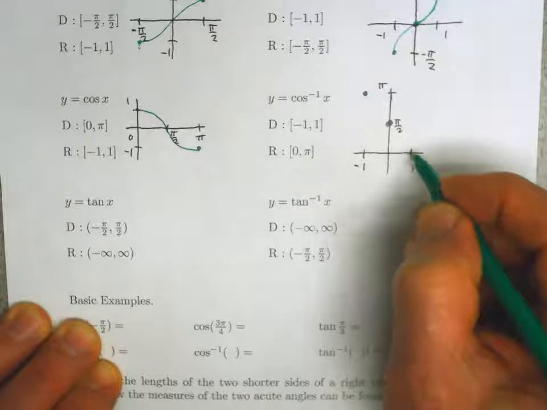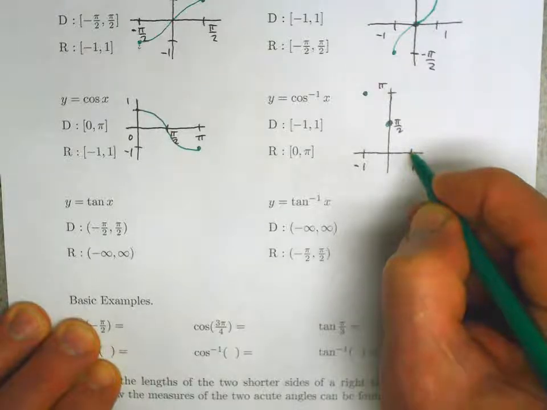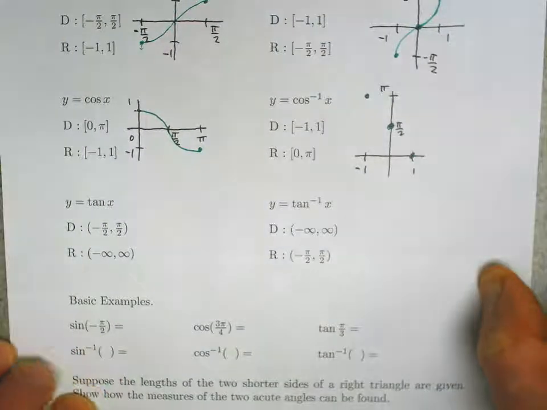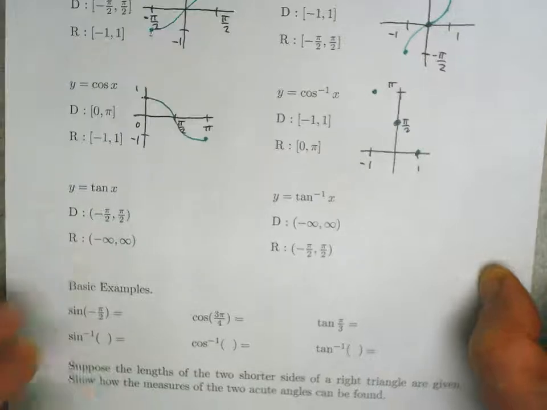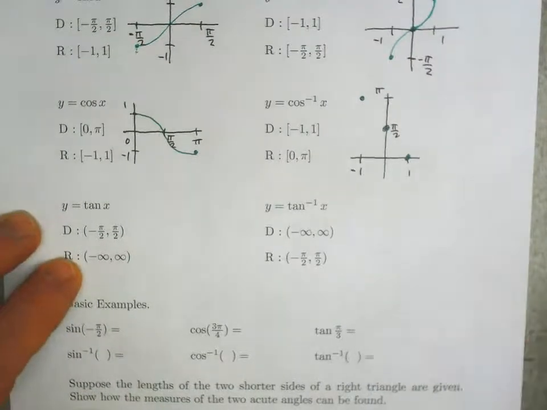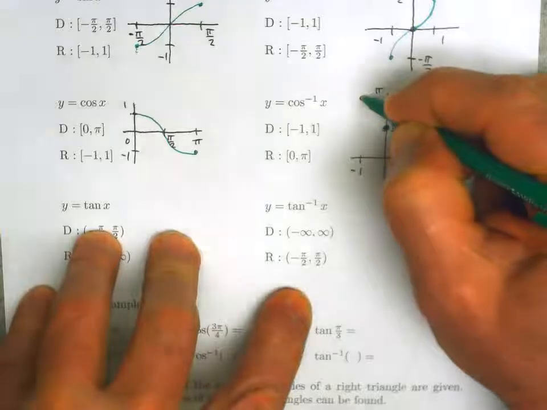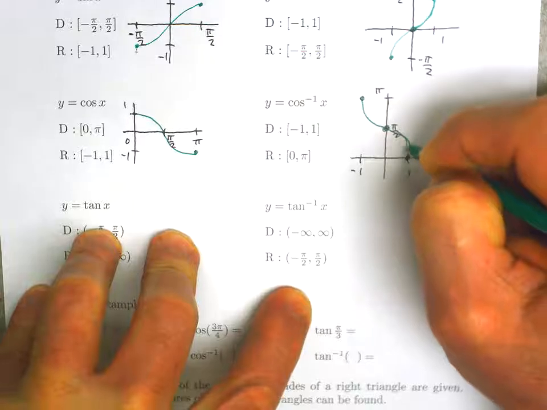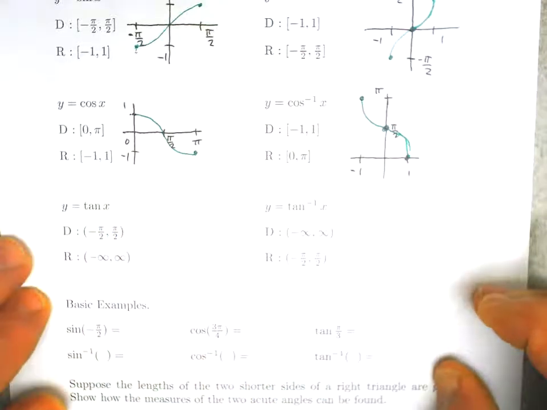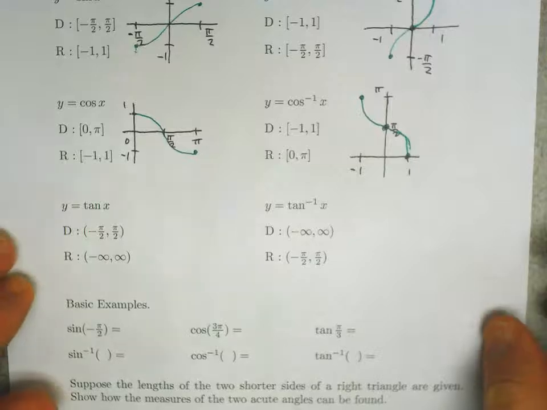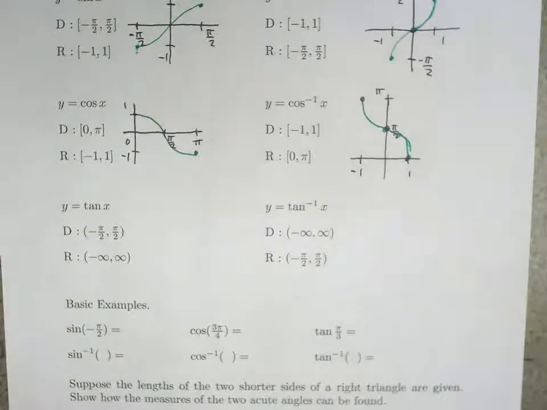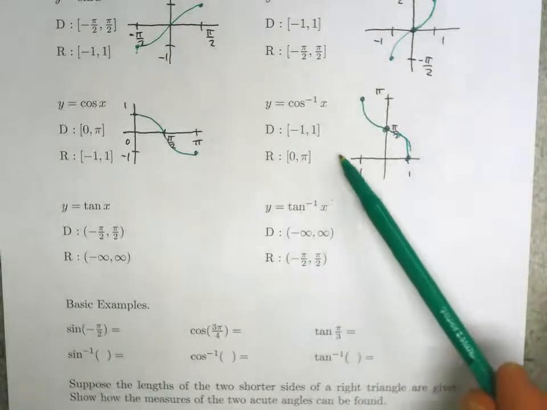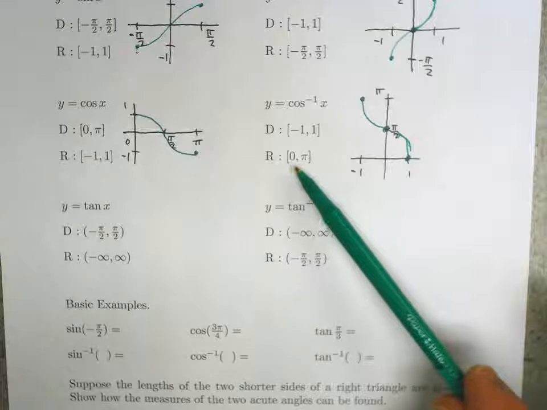So that means on the graph of the inverse, we have 1, 0. Okay, so then we connect the dots. The graph will have this shape for y equals inverse cosine of x. Okay, for y equals inverse cosine, it's important to remember that the range is from 0 to pi.